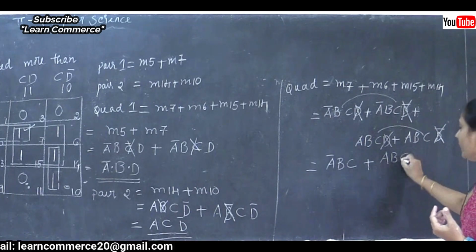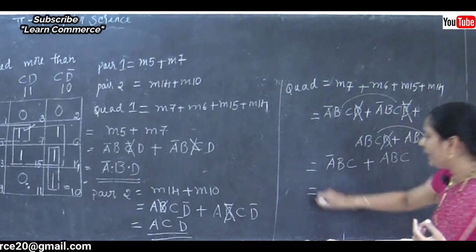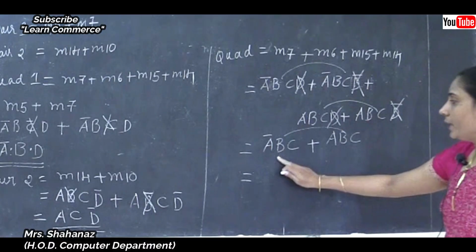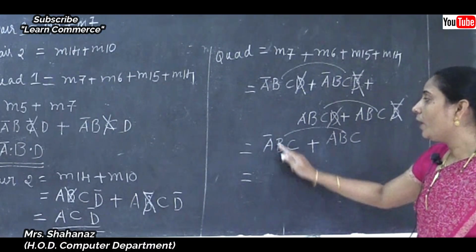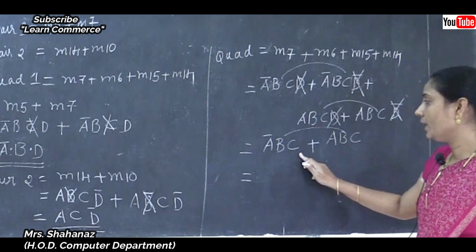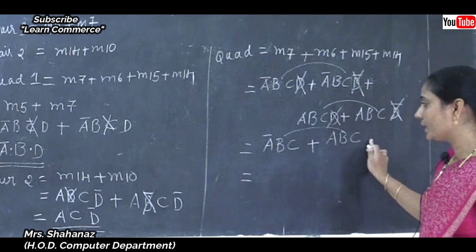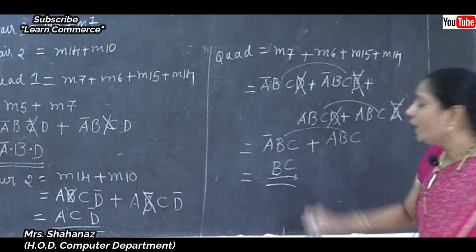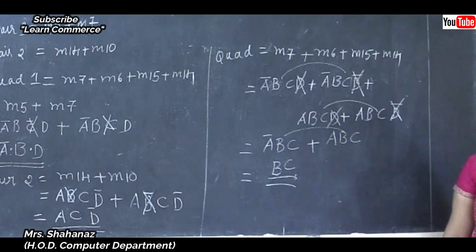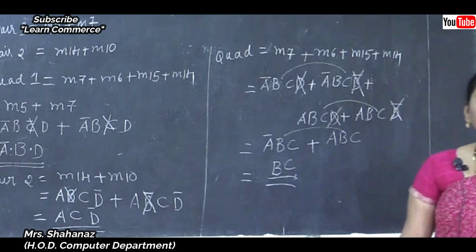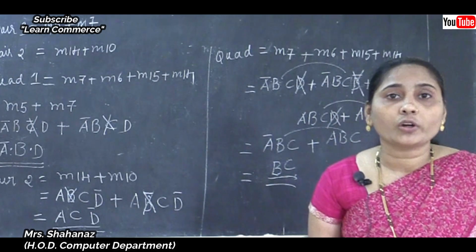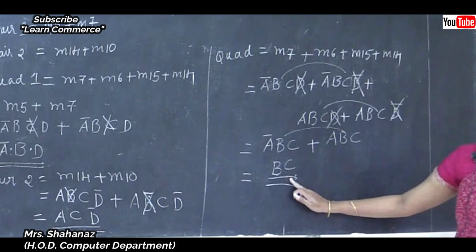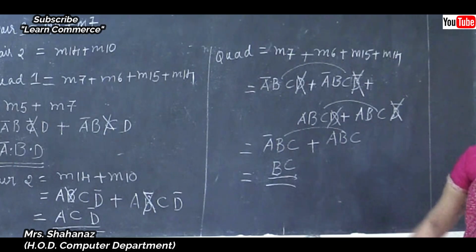Finally again we need to make the comparison: complement A, B, C plus A, B, C here. When you make the comparison, the final result is B, C. So this is the reduction expression for the quad, the reduced expression is B, C here.